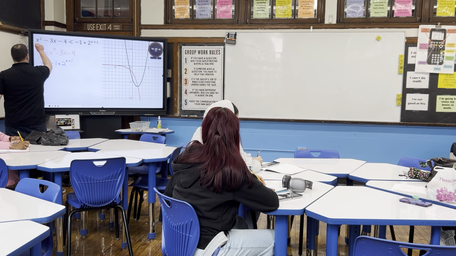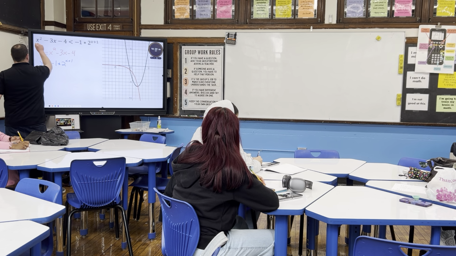How can we use this graph to determine when the left side of the inequality is less than the right side of the inequality? What does less than mean physically in a graph sense? In a graphical sense, what does it mean to be less than something else? It means below. So really what we're trying to determine is, when is the black line below the red line?